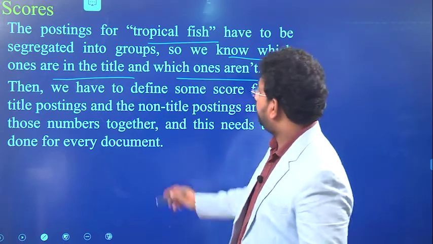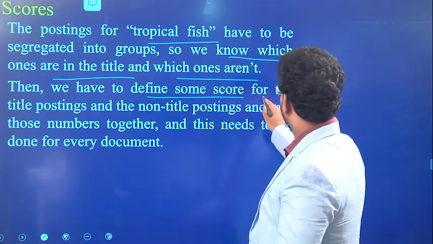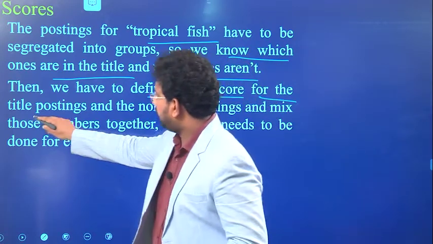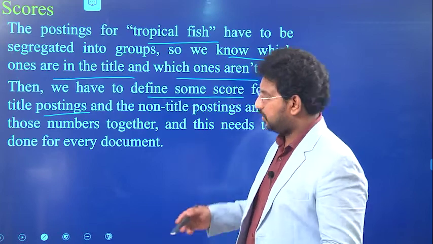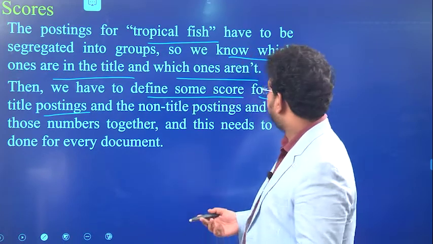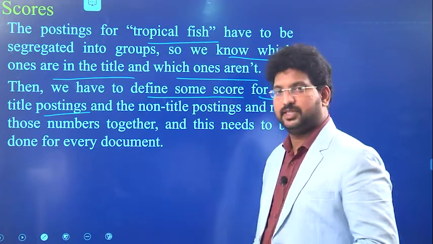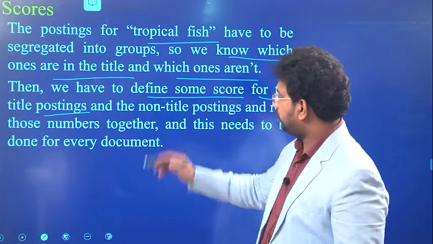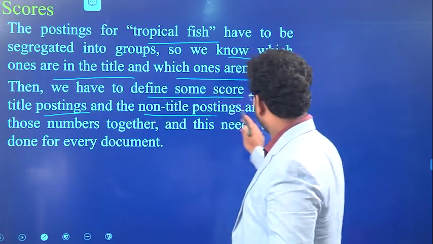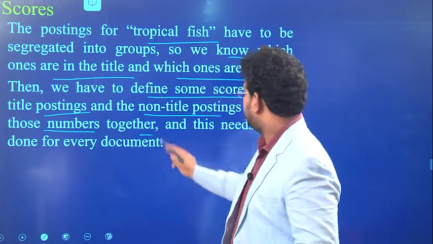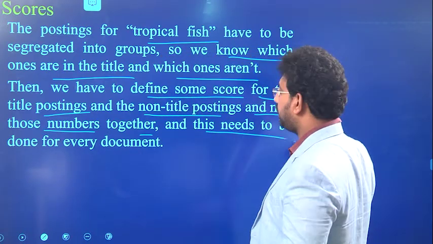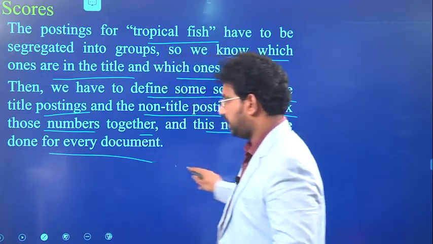Then we have to define some score for the title postings. For the title postings we have to give some scores, and likewise for the non-title postings, and mix those numbers together, and this needs to be done for every document.